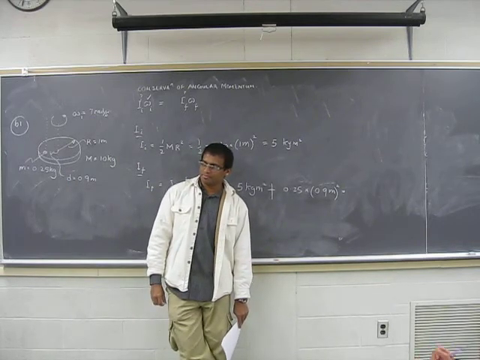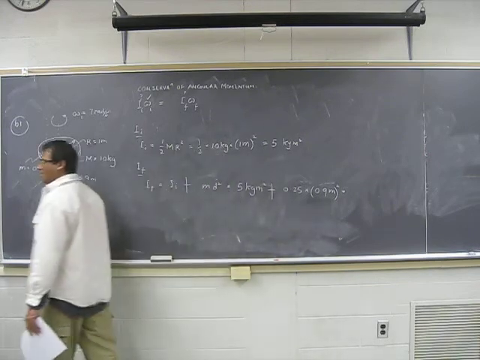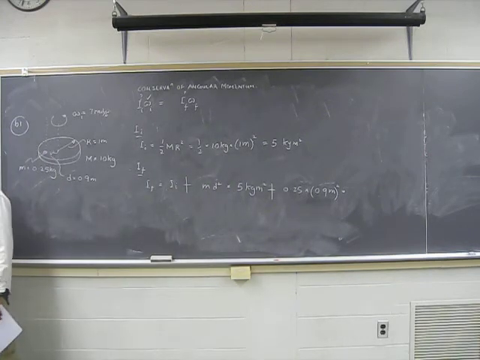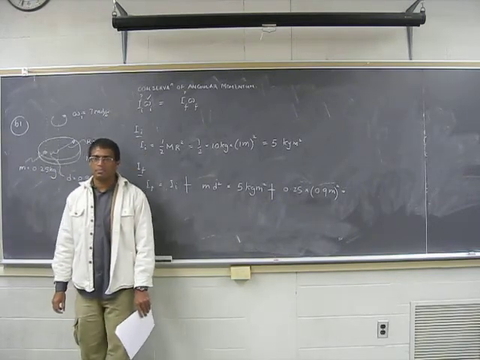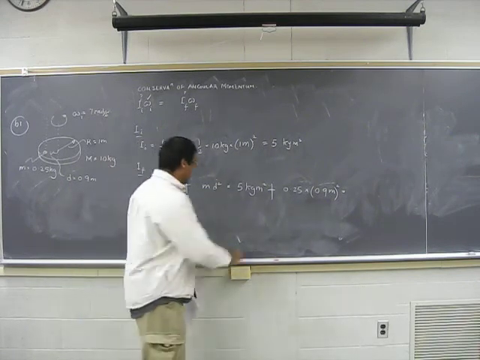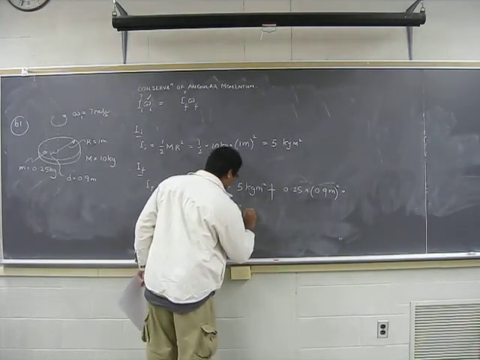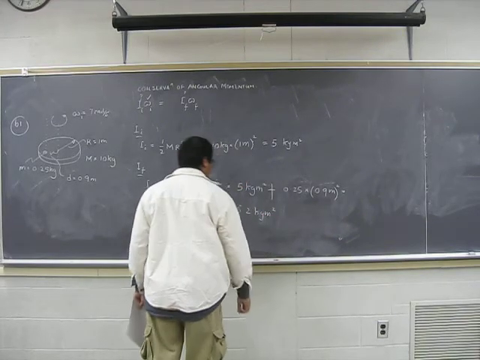How much? 0.2 over here, so I should get about 5.2, I think. Is that right?